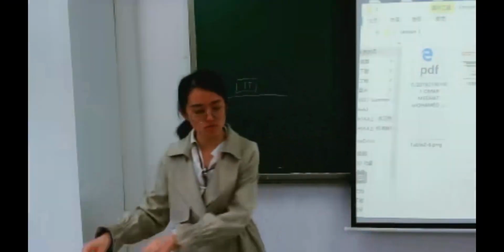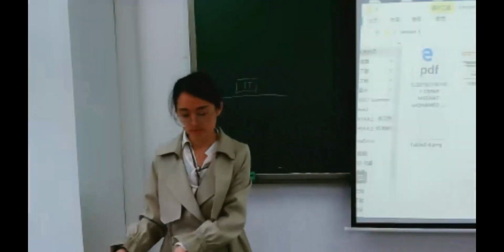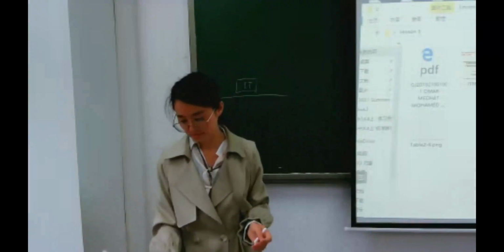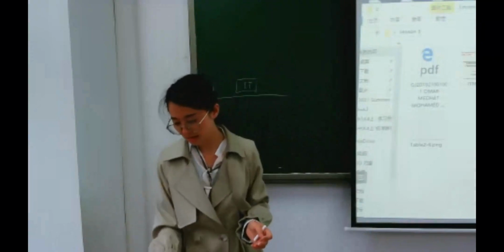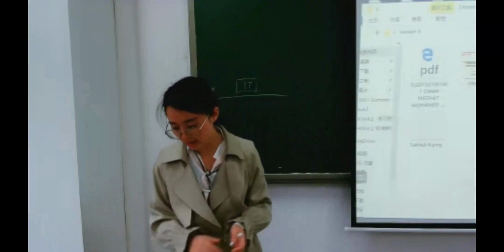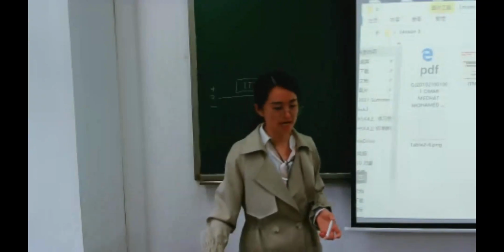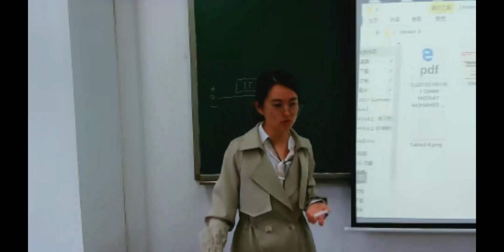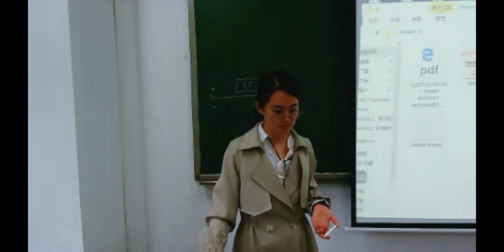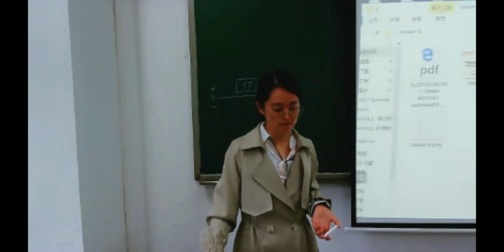You can find it in your book, table 2.3. This table shows how to calculate the IT, the tolerance grade. You just need to know how to calculate that.